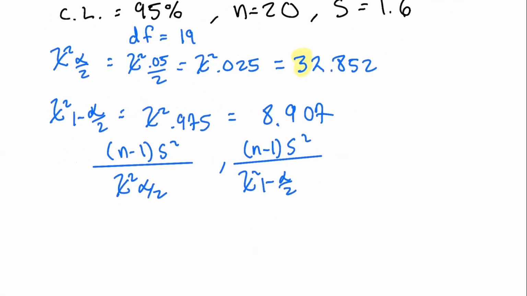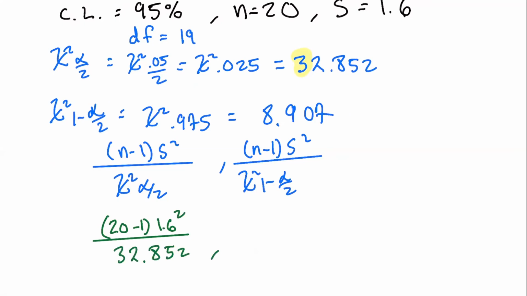So n is equal to 20. So we're going to do 20 minus 1, s is equal to 1.6 squared, all divided by chi-square alpha divided by 2, which is 32.852. So that's going to give me the lower bound.